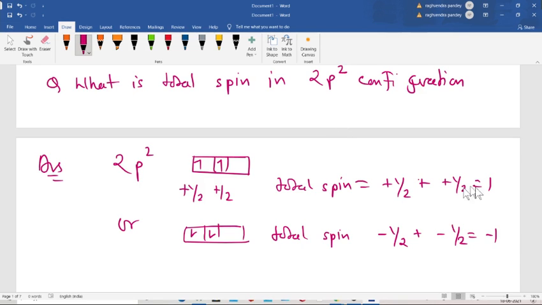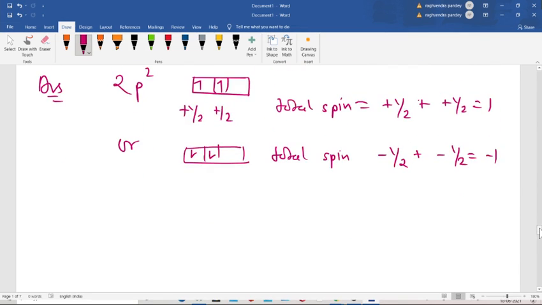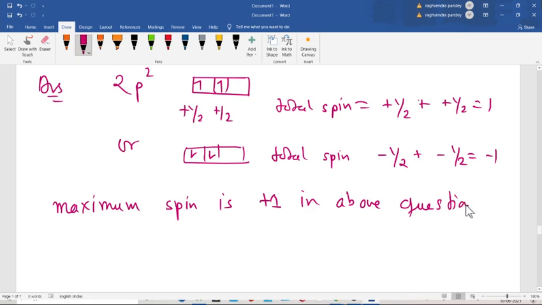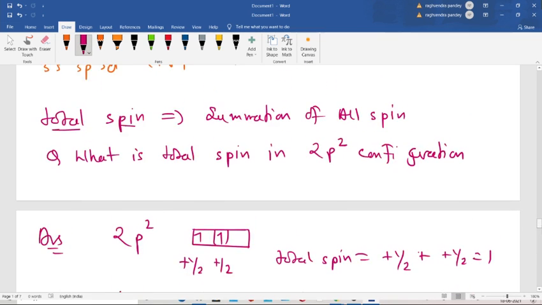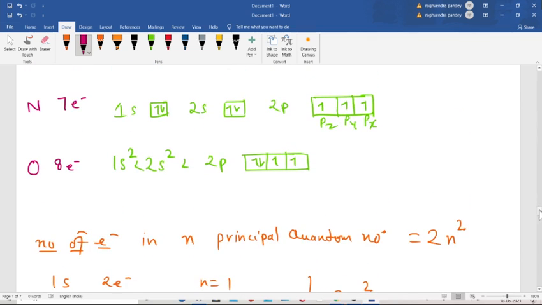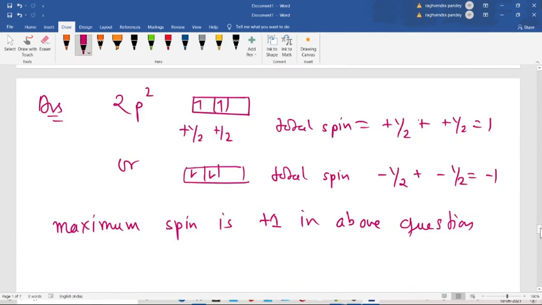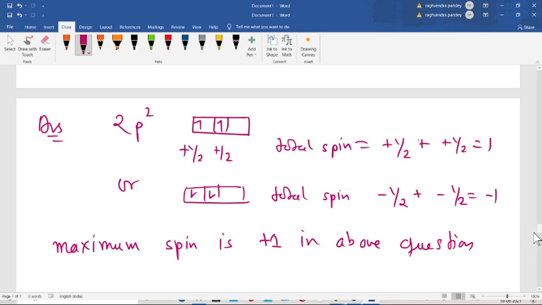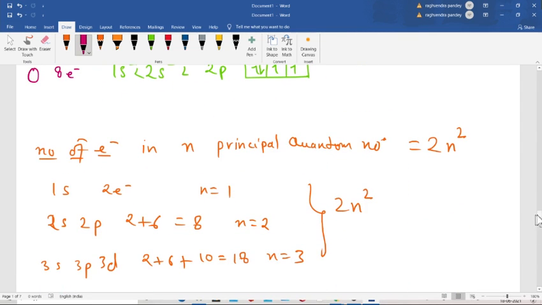But if they ask what is the maximum spin, the maximum spin is plus 1 in the above question. Minimum spin is minus 1. There can be various options like that. So this is over. We will discuss some of the points on Monday.